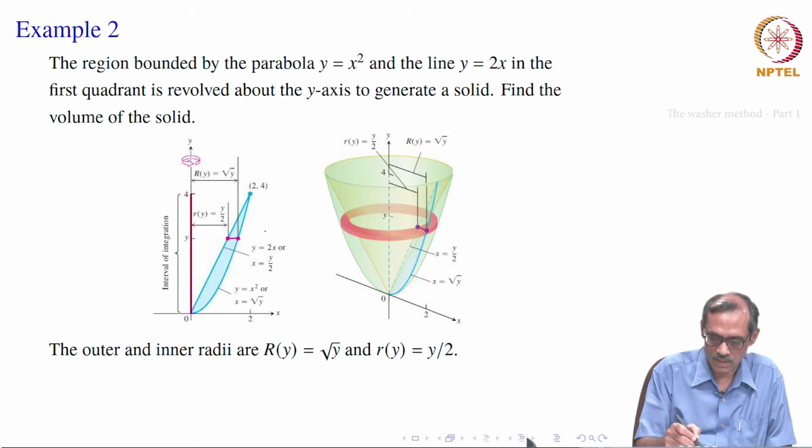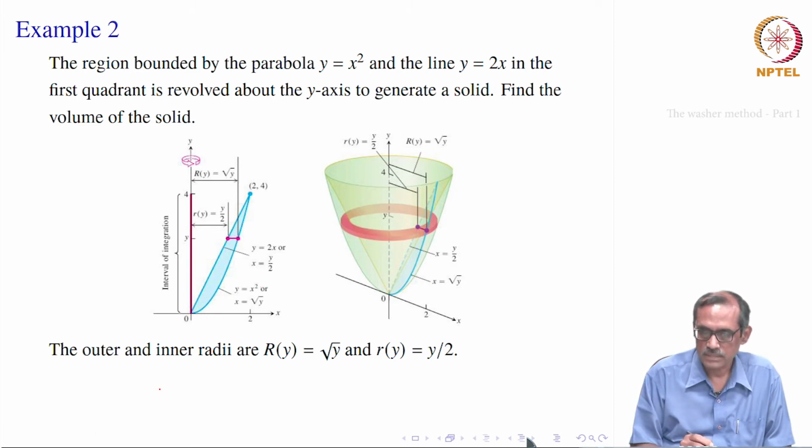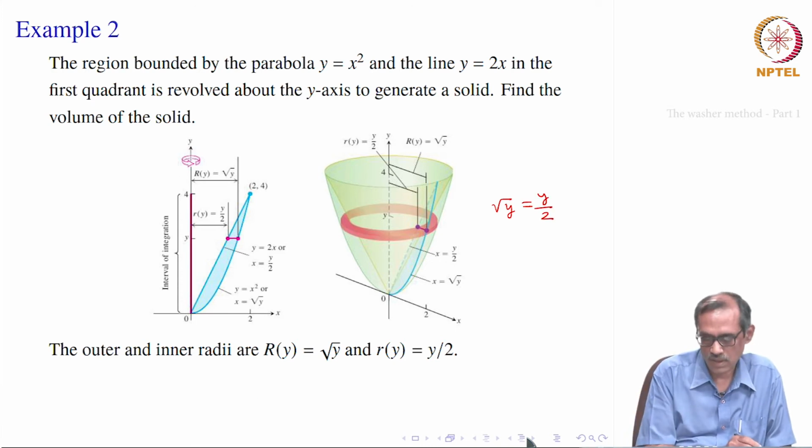Then we should get the points of intersection, and we have to solve it for y. So, we should eliminate x, that is we have x is square root of y, and the other side it is y divided by 2. So, that gives us one is y equal to 0, another is y equal to 4, right, root y equal to 2.